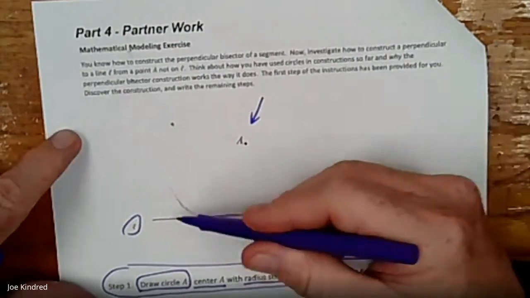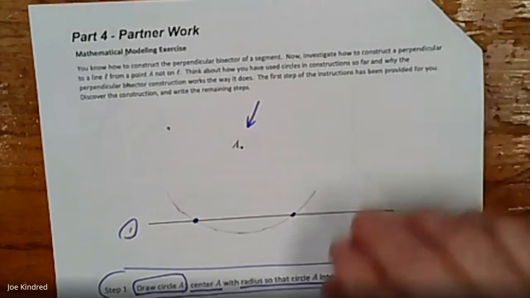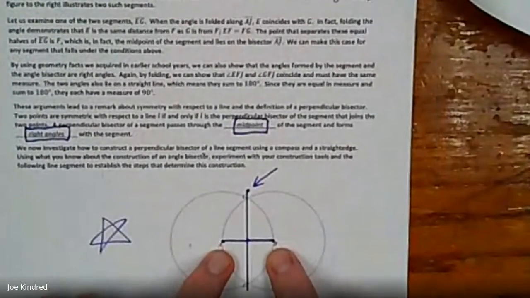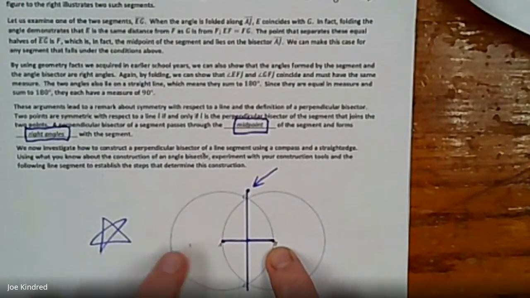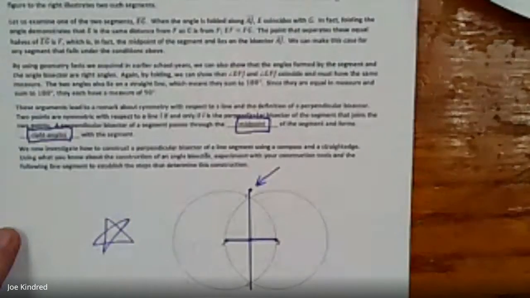It could have been further out, but regardless, I have two intersection points from the circle centered at A. From this point, I'm going back to the earlier exercise where we had 2 points. We drew a circle for A and then a circle for B with the same radius and connected the dots. That's exactly what we're going to do here.